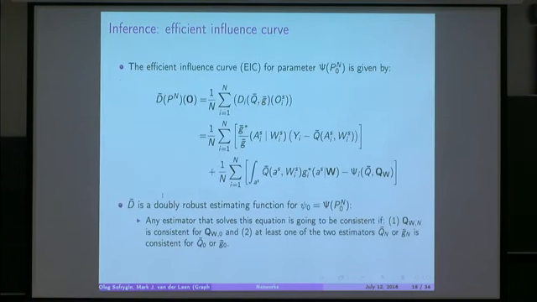Okay, so the efficient influence curve that I was talking about is this. It's ugly looking, but the main component of it is this first part, which involves the inverse probability weighted estimator for our effective exposure, and also the exposure model under the intervention G star.